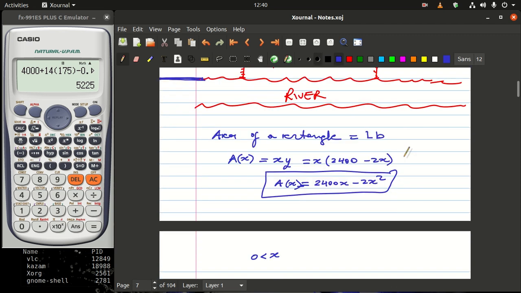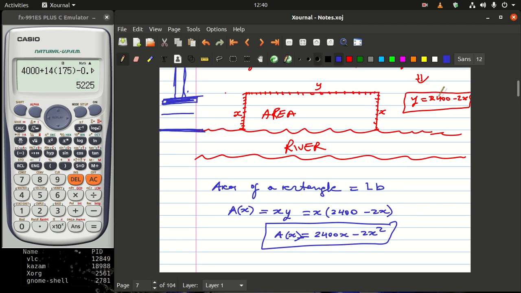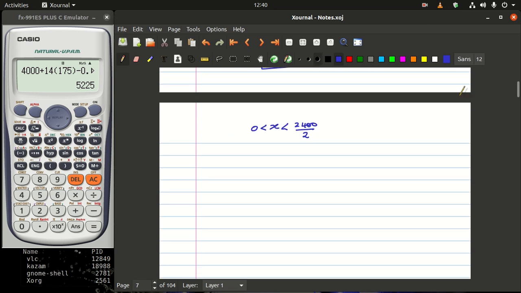So what will happen here, we'll end up having 2,400 divided by 2. What we did here, we just made this equal to 0, and then we took this to the other side, and then we solved for x by dividing by this 2. That's what we ended up having here.